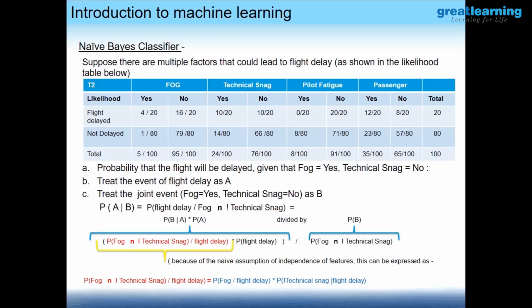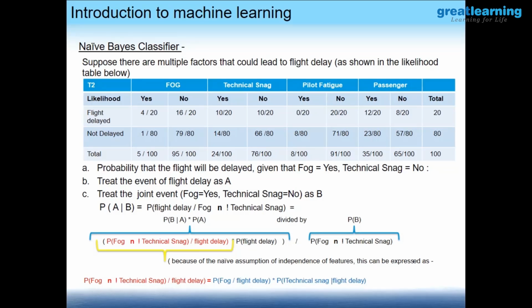Use the formula: treat the event of flight delay as A and the combined event as B. So it's again the probability of A given B, P(A|B), which is the probability of flight delay given these two conditions.